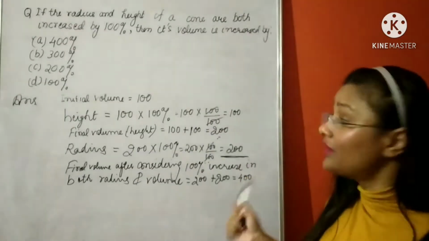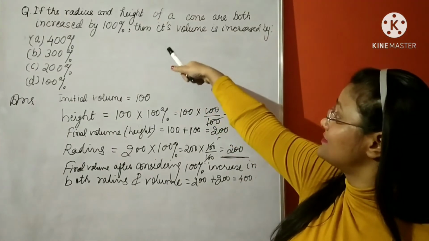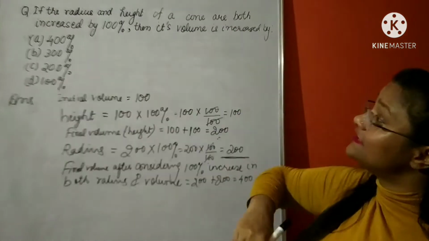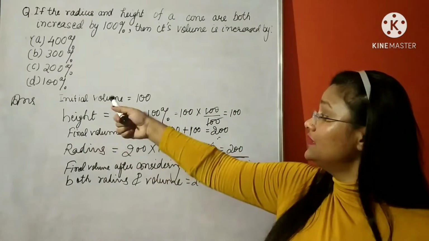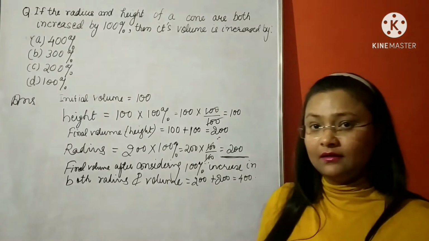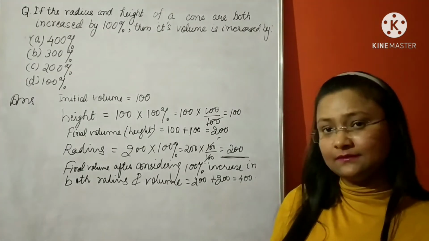But 400 is not the answer, because they are asking by how much the volume is increased. So we will subtract the initial volume from the final one, because we want to know the increase.